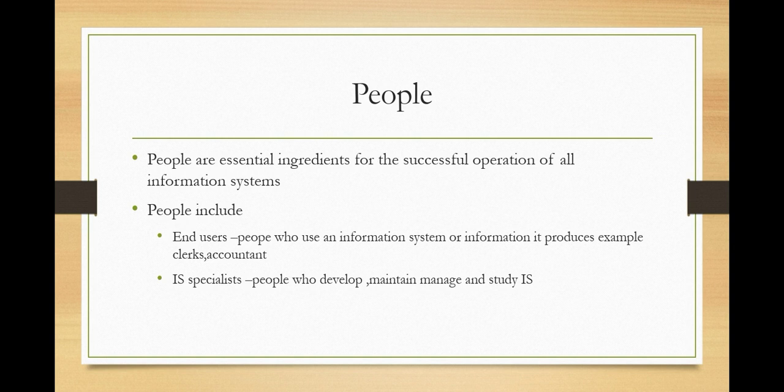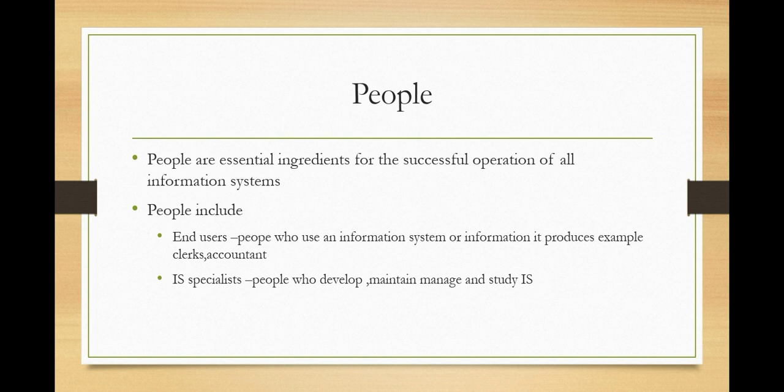People are the most essential ingredients for the successful operation of information systems. We take them as resources, and they include the end users and IS specialists. Speaking of end users, we also call them the users or the clients.